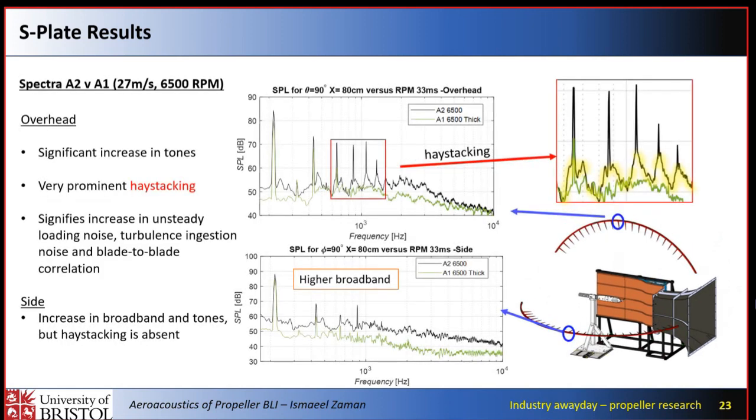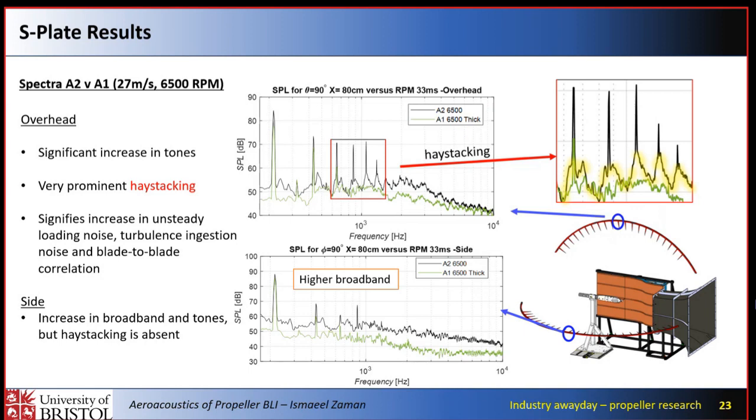If we take a closer look at the spectra, we can see that this is due to a massive increase in harmonic tones associated with higher ingestion. And also, quite nicely, we see a massive amount of haystacking. For those of you who may not know what haystacking is, it's the highlighted humps around the blade pass frequency.